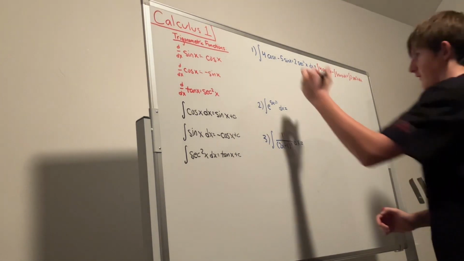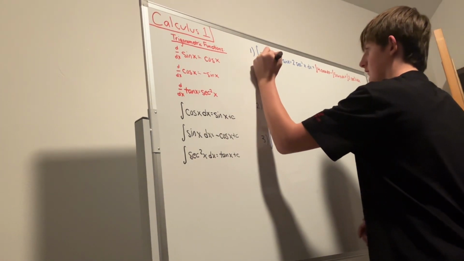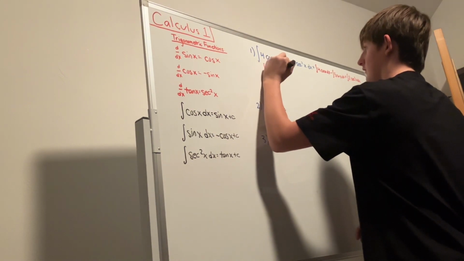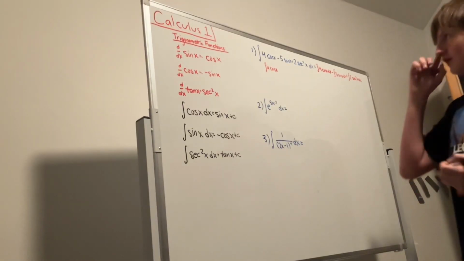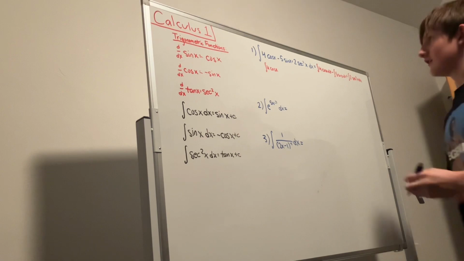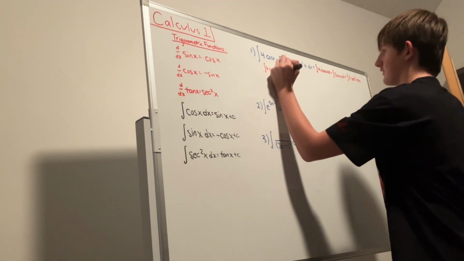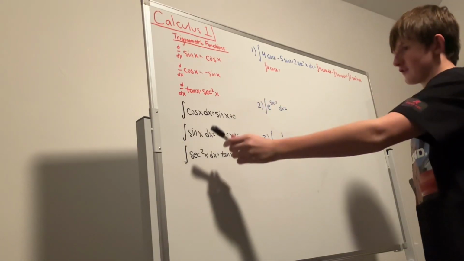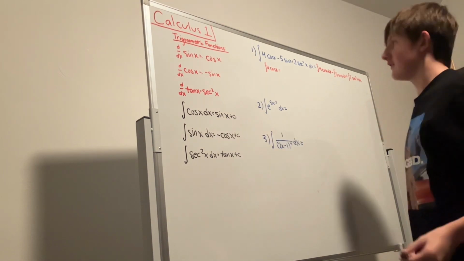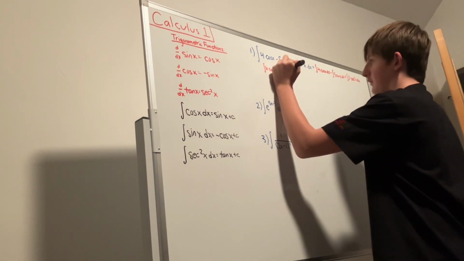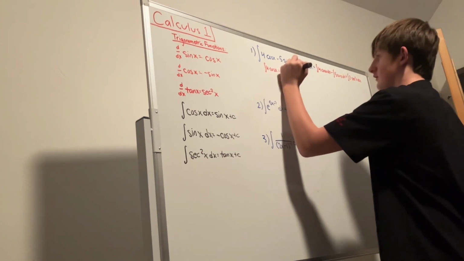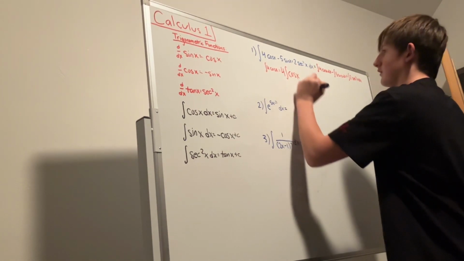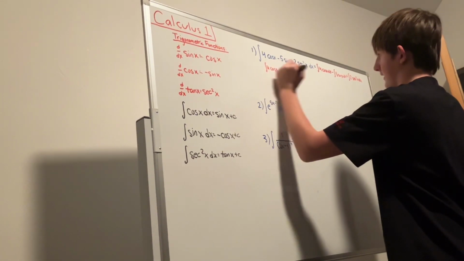So first let's do this part. We have the integral of 4 times cosine x, and as you can see here, the integral of cosine x is sine x. So we can bring this 4 out in front of the integral. I forgot to put the dx there, my bad.